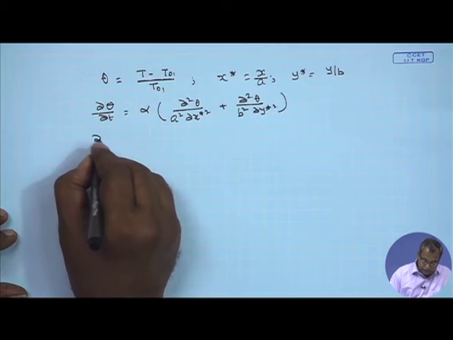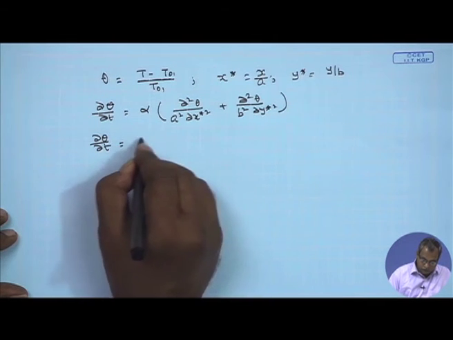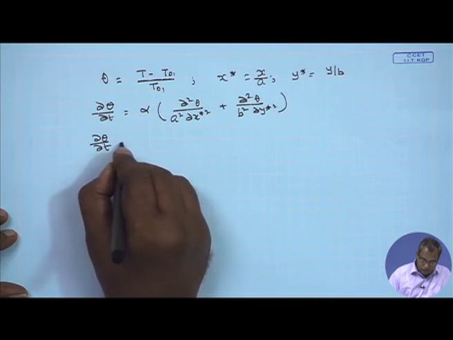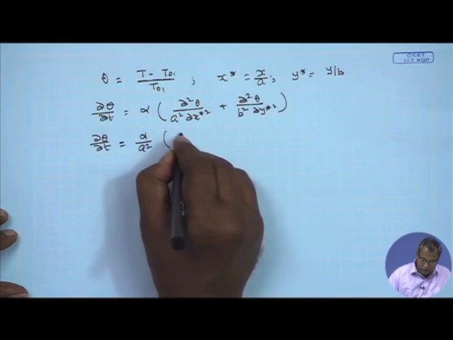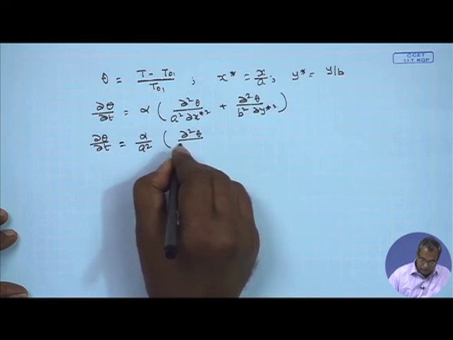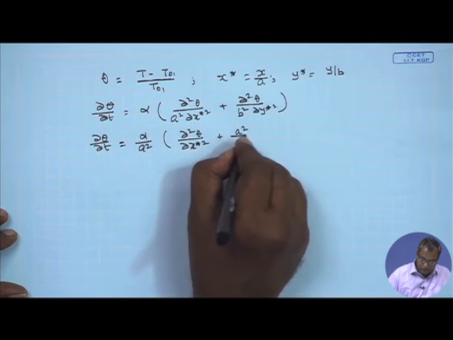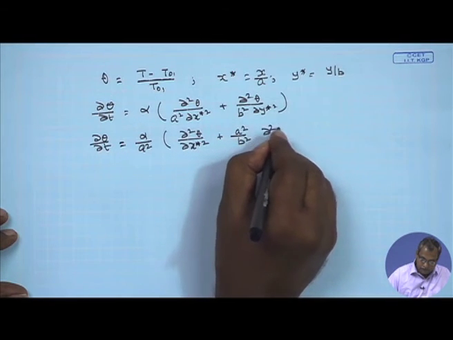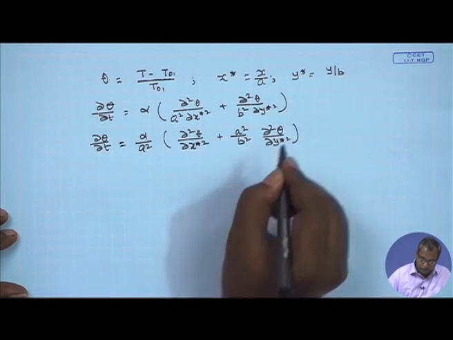So, we take alpha a square outside: alpha a square del square theta del x star square plus a square by b square del square theta del y star square.